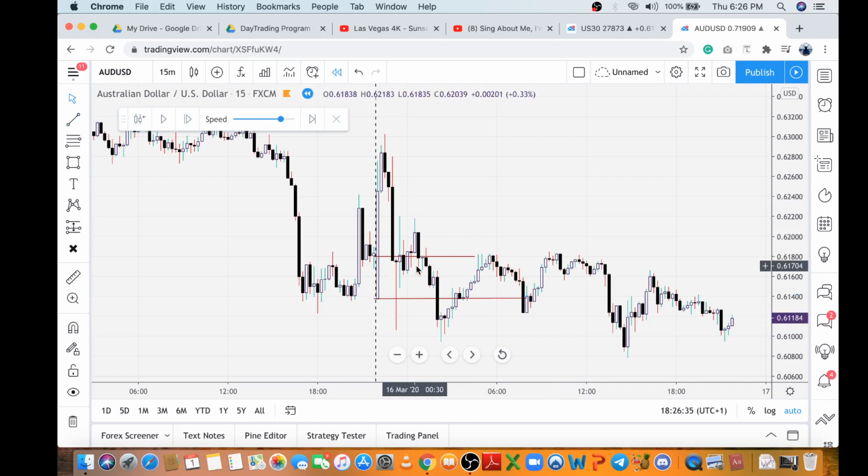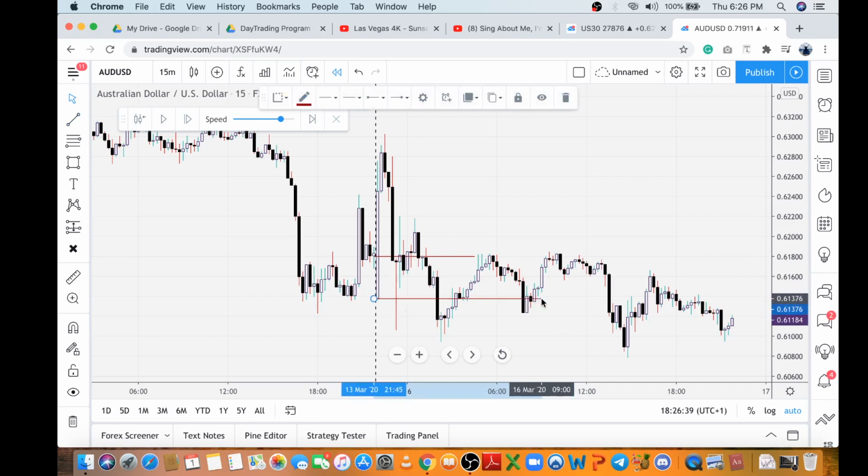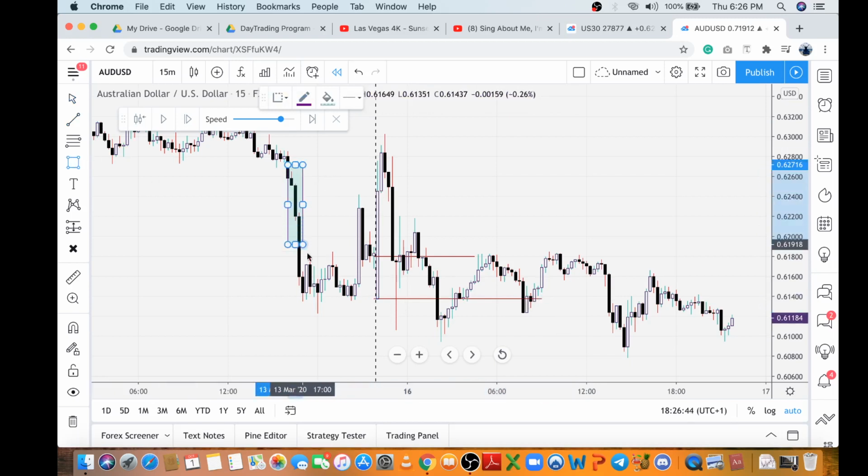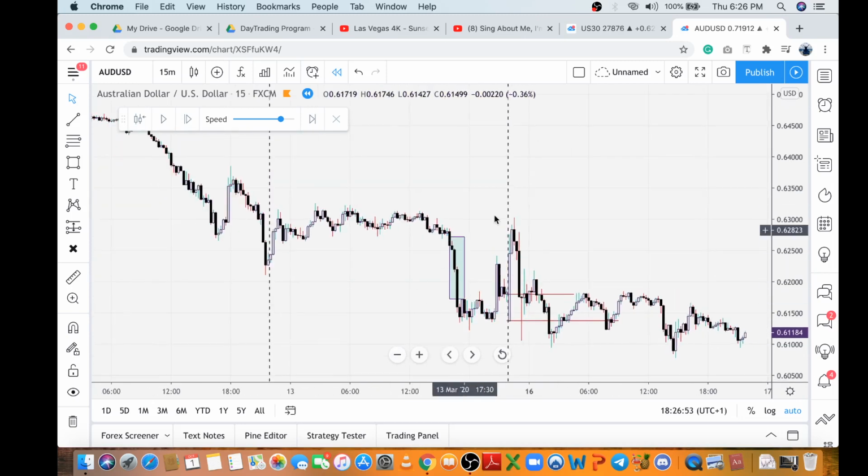You can see eventually price came all the way back up to fill that range, and even came all the way back up to fill all of this sell side imbalance, buy side inefficiency, before price dropped. You can look at the daily range of this. So that is a bullish liquidity void, when there is a gap in the marketplace. You can expect the market to go and fill that up sometime in the future.